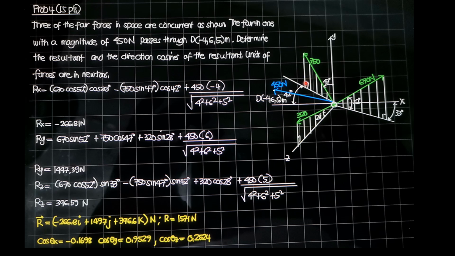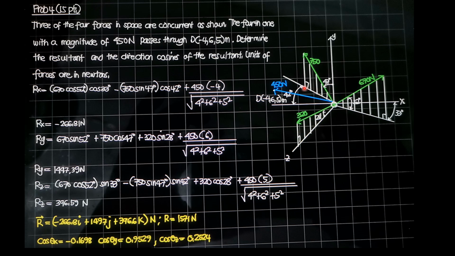If we draw a line parallel to this, then this component is opposite of 47. So it is 750 sine of 47 for this Fxz component. Again, 750 sine of 47, and it is negative because the x component is negative.